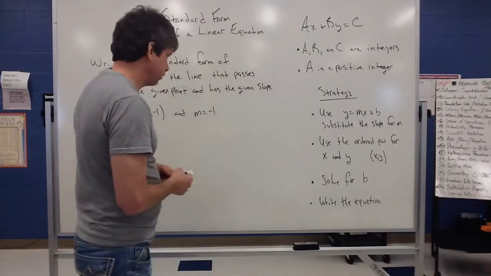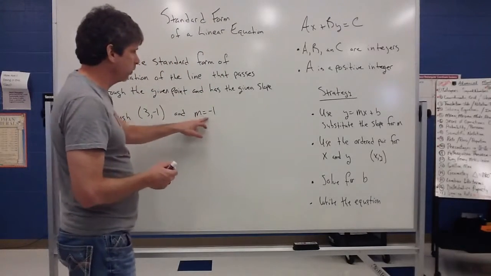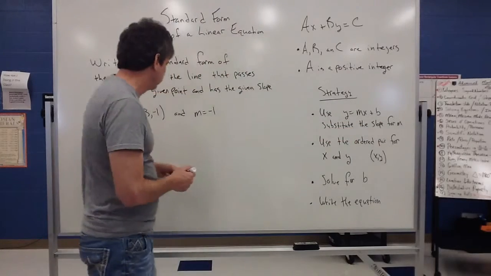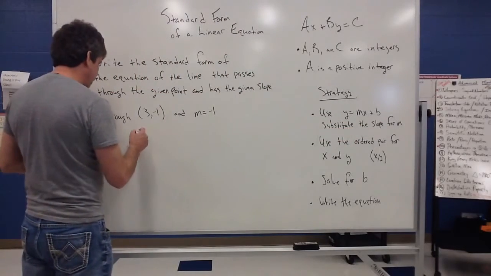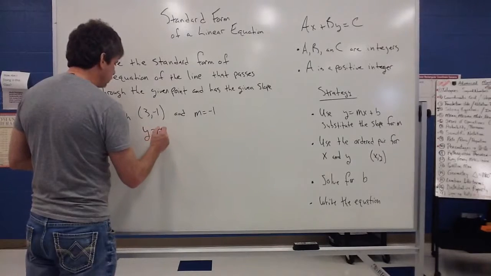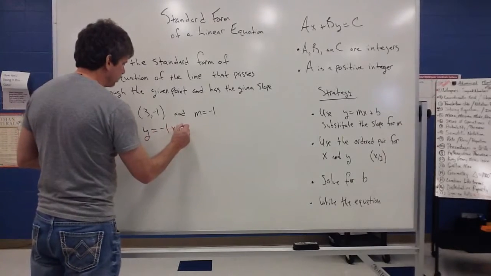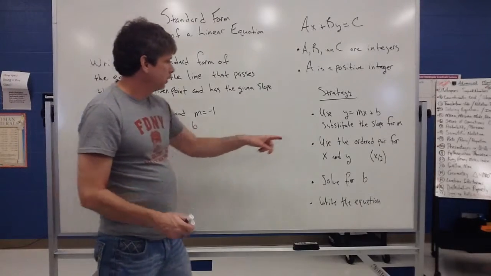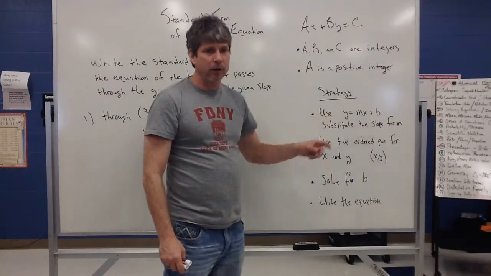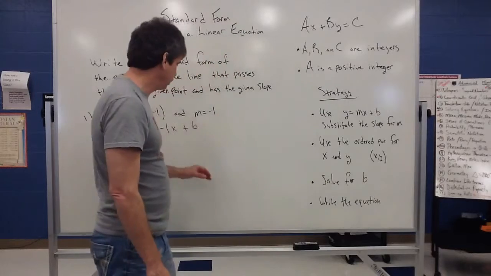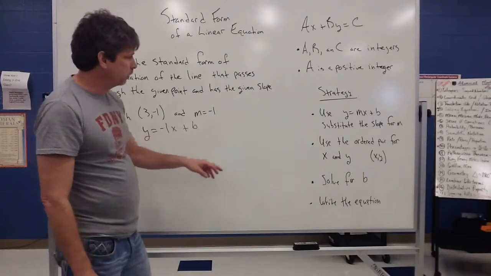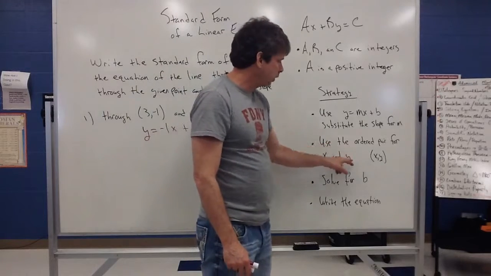So the first thing I picked up on is I know the slope is -1, so I can substitute that in for m. So what I have now is y is equal to -1x plus b. So we knew the value for m, so we can replace that m with a -1. The next thing I can do is use the ordered pair for x and y.